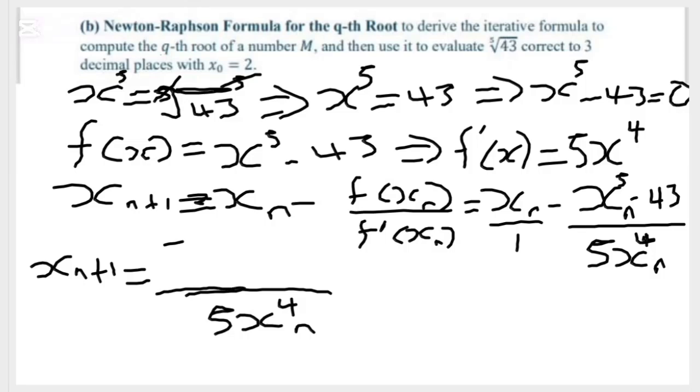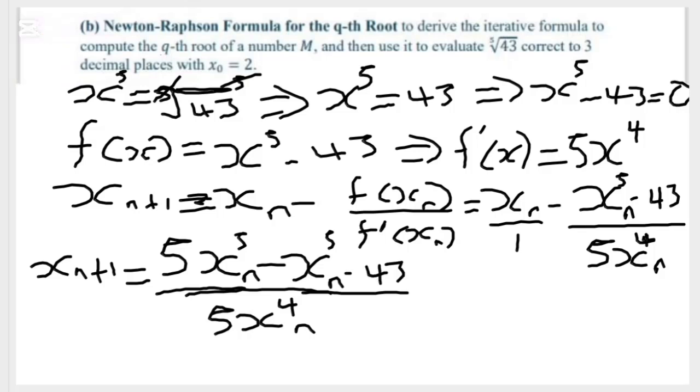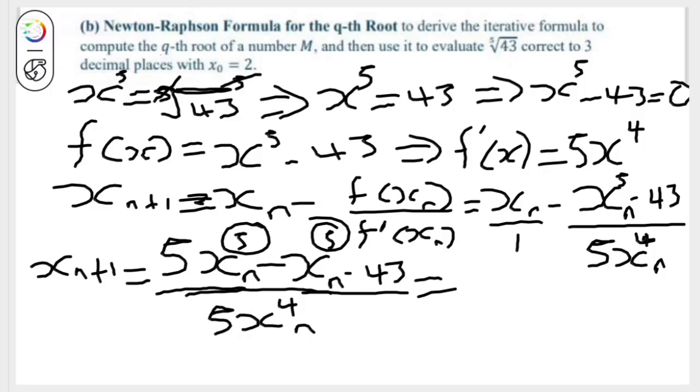So therefore, if I multiply it, I'll get 5x raised to the power of 5 of n, and then I have to say subtracted by. If I set this into this, I'll get 1. So if I subtract 1 by this, I'll get only this, the power of 5 with the subscript of n minus 43. And because they have the same power, I can easily subtract.